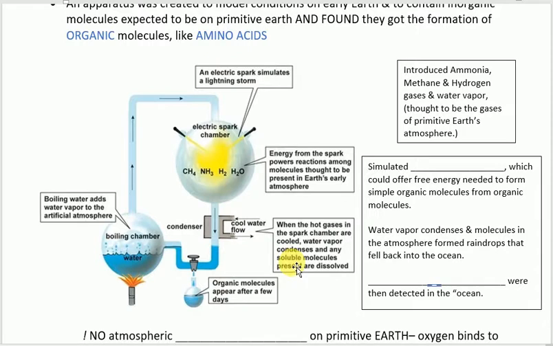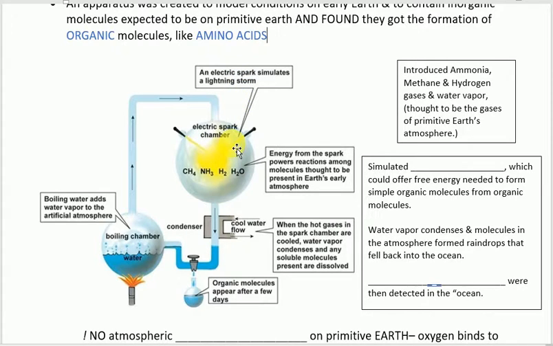So we've got the organic molecules down here, or this is what appears after a few days. So the first thing is we get the boiling water. It adds water vapor to the artificial atmosphere. And then we have to have some sort of energy input. So there's actually an electric spark that simulates a lightning storm.